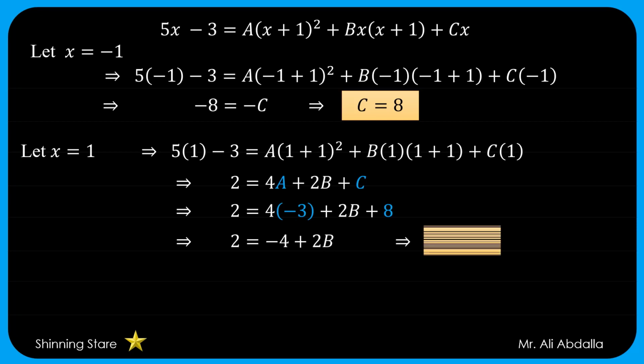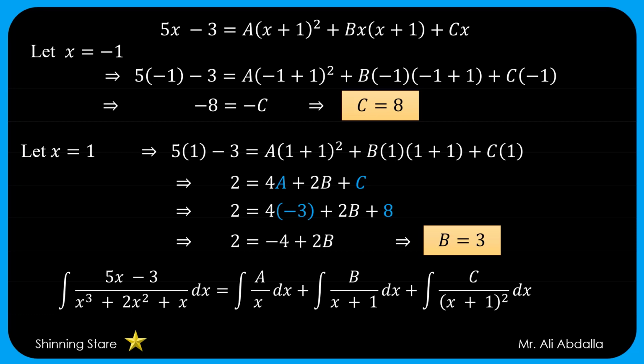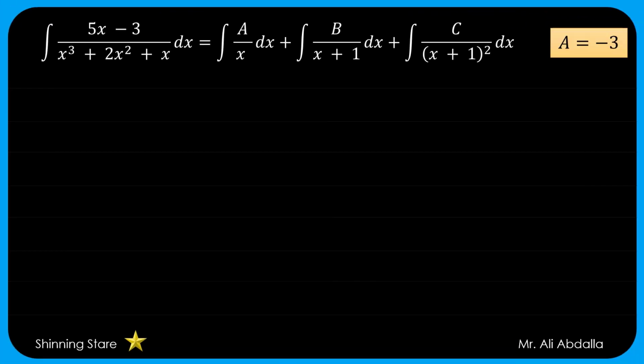Simplify, and we get B equals 3. Then we can substitute now in our integration: A equals negative 3, B equals 3, C equals 8.